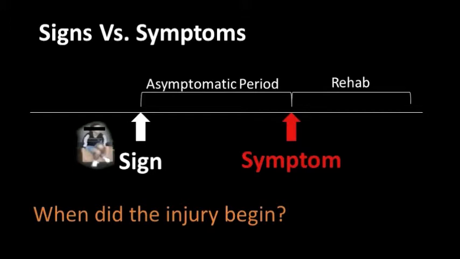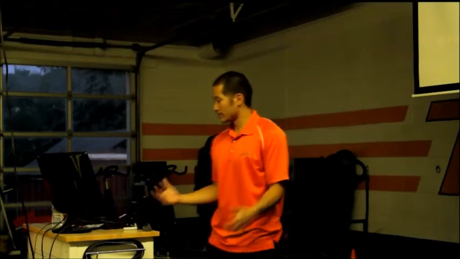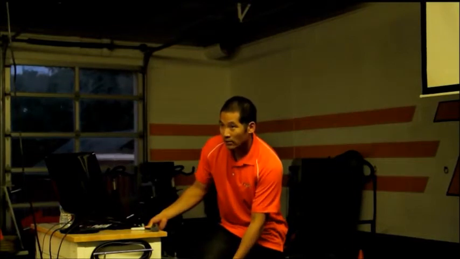So the real question is, when did the injury happen? When are your athletes starting to become injured? For example, you have tendinopathy, jumper's knee. What do you do? You rest. You don't build any qualities. You think that rest is going to resolve things, but during that rest period your muscles become weaker, you become less strong, you can't control your knee nearly as well, so you actually become worse off.